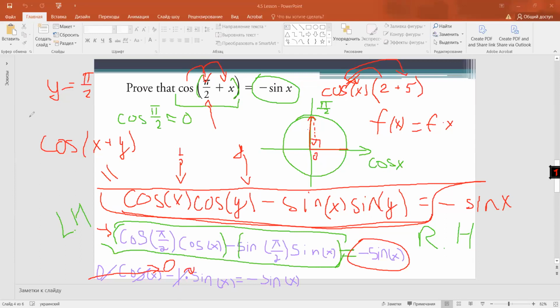Oh, sorry, y equals x, and x equals pi over 2. That might be a little confusing, so let me mark them as x1 and y1, so it's not confusing that we have y equals x and x equals something else.